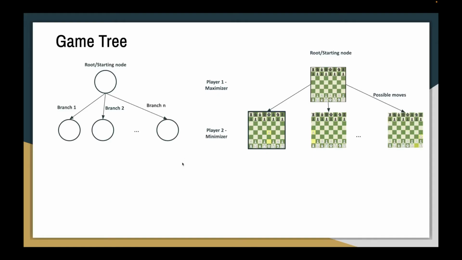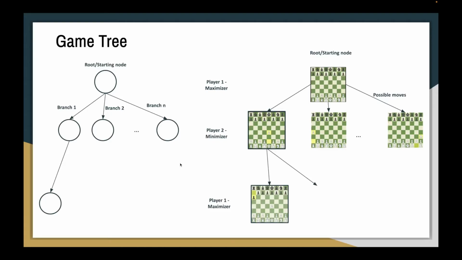As players continue to make moves, the game tree grows. It shows all different possible positions of the board. Each branch represents a different move that the player can take, and it continues to expand with every turn.